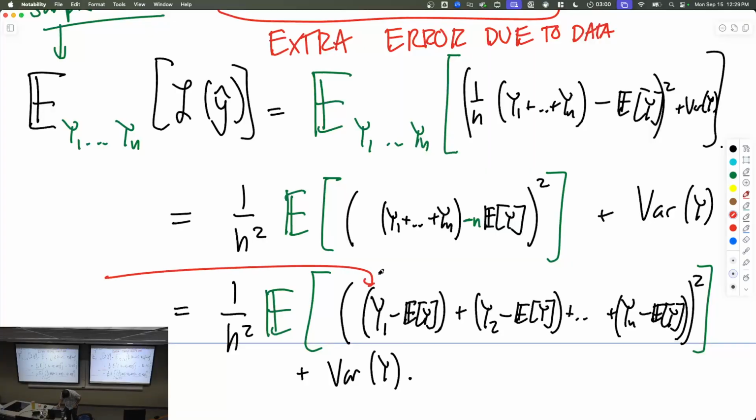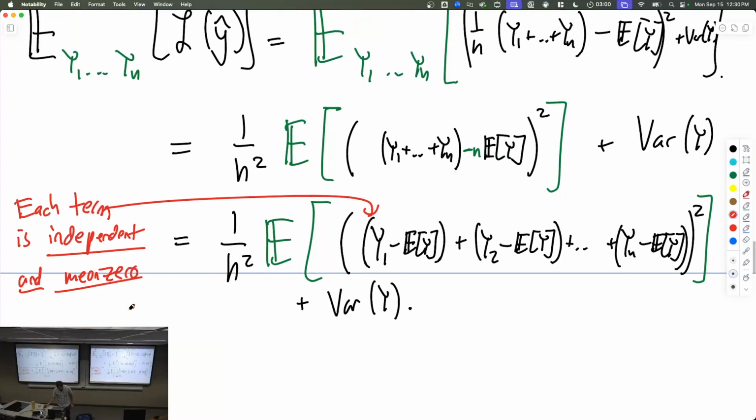So I'll say each term is independent and mean 0, 0 on average. So because each term is mean 0 and they're independent, they are definitely uncorrelated. If we do the expected value of the product of any two terms, it'll be 0 times 0. And so we can use Pythagoras.